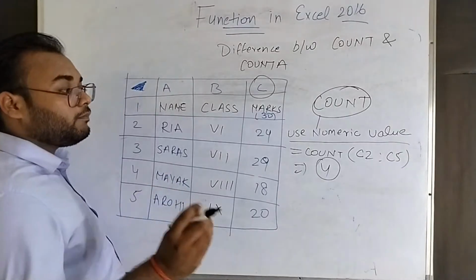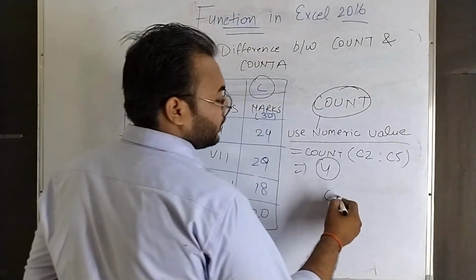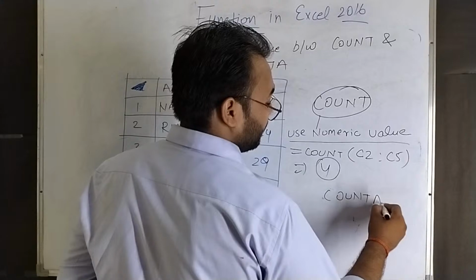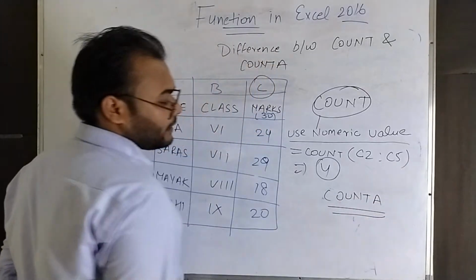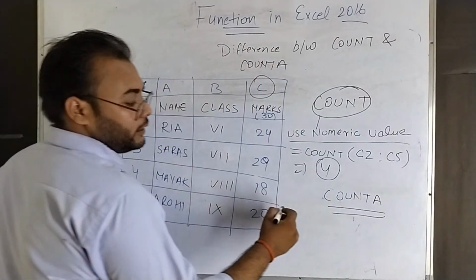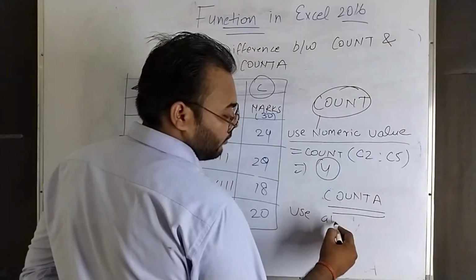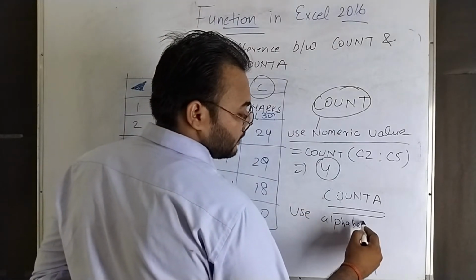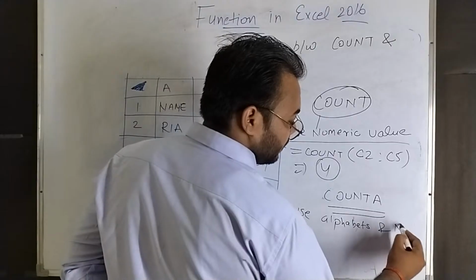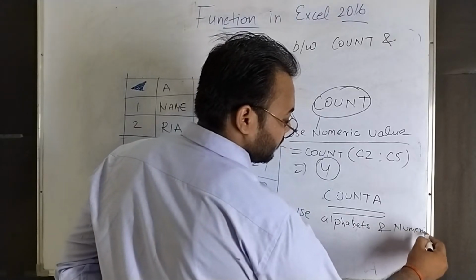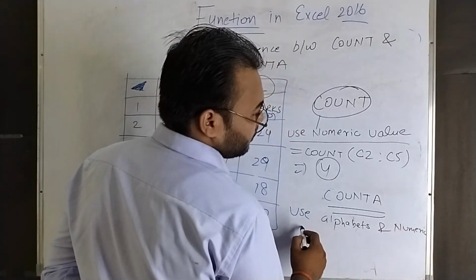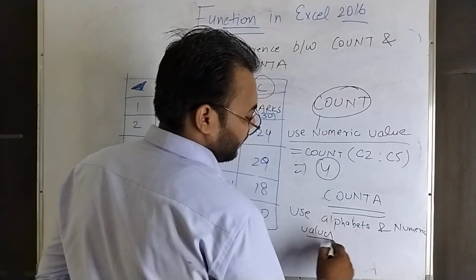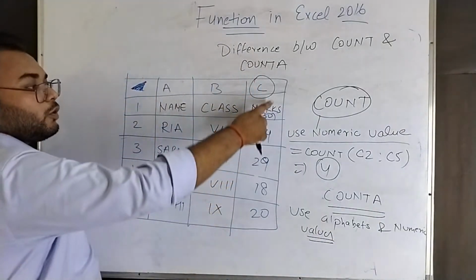But what about the counter function? It will use alphabets and numeric values also. It will include all the things.